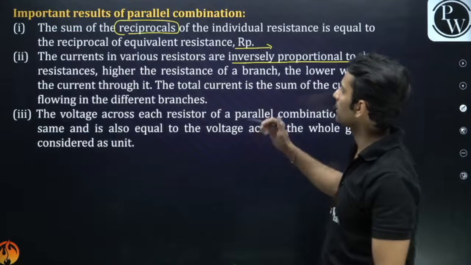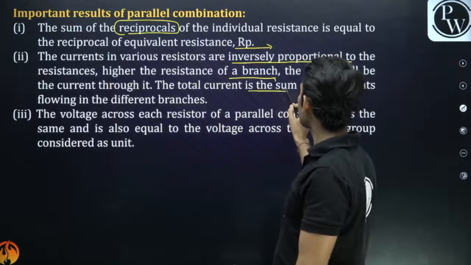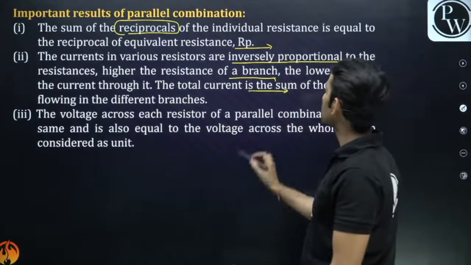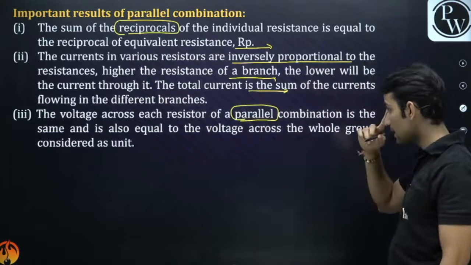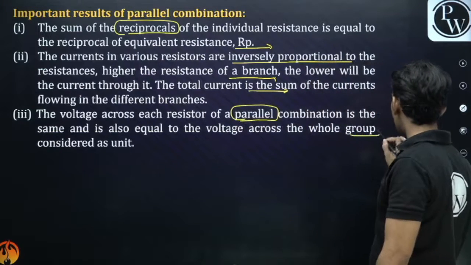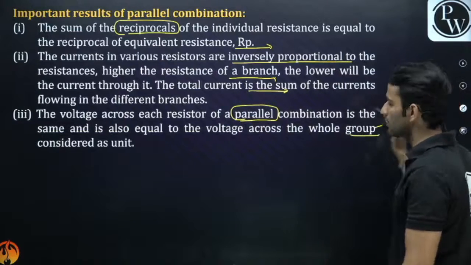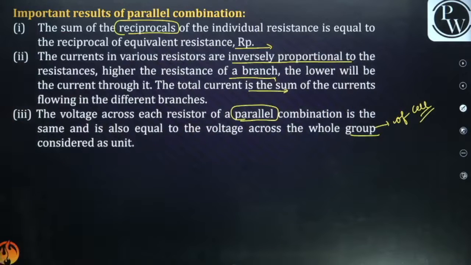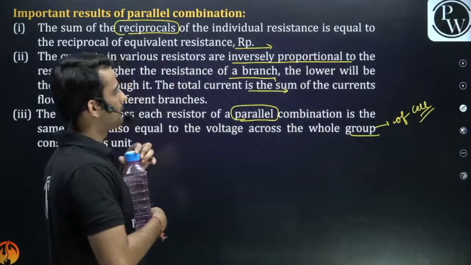This is what is written here. Higher resistance means lower value of current, and total current is equal to the sum, that is I equals I1 plus I2 plus I3. Now voltage across each resistance is same in parallel and is equal to the voltage of the whole group, that is the voltage of the cell.